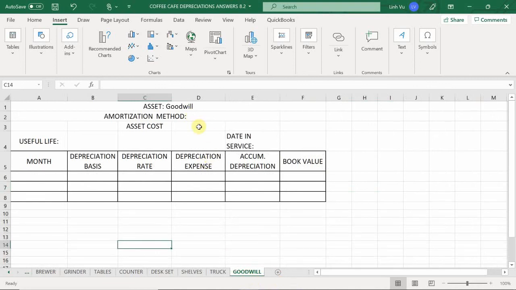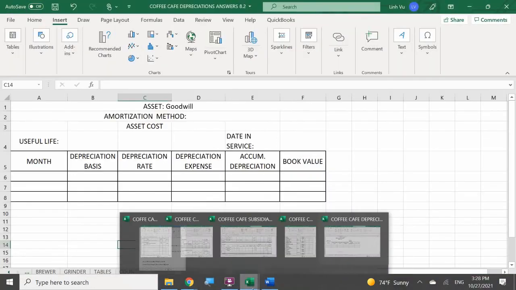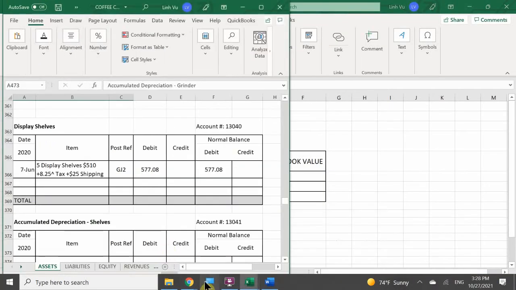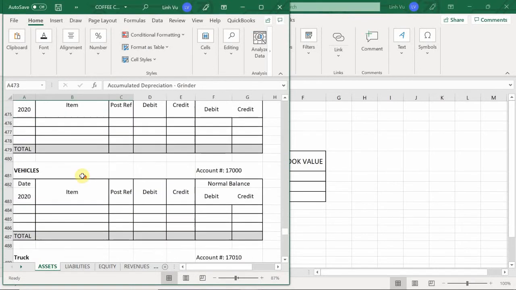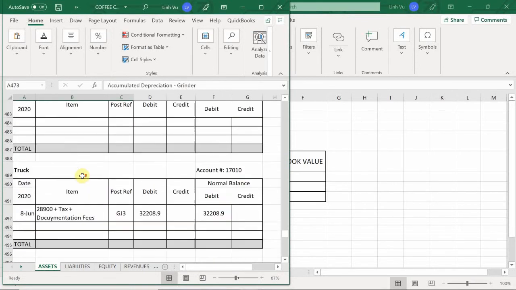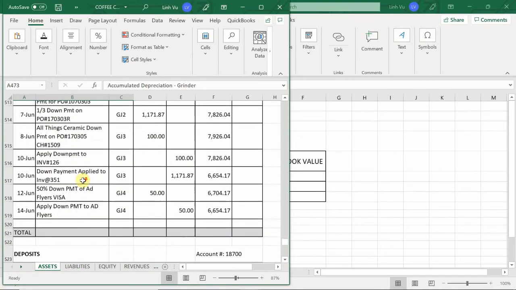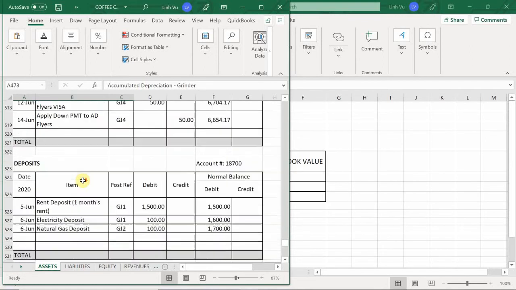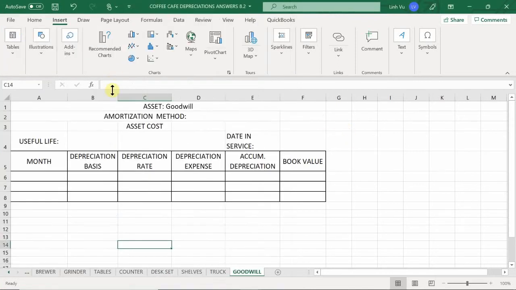How much was the cost of goodwill? We have to check. 2,100.